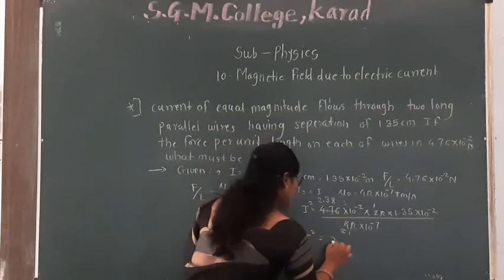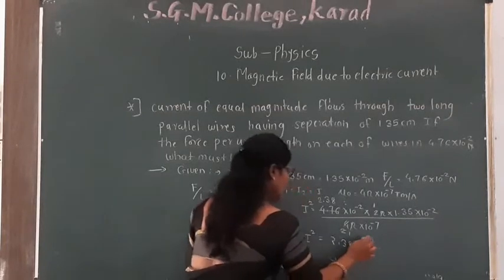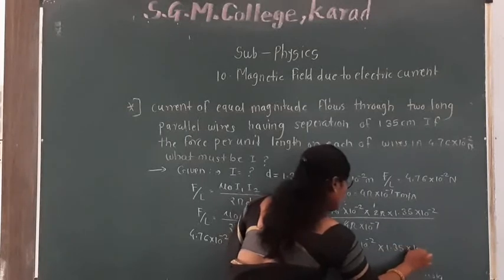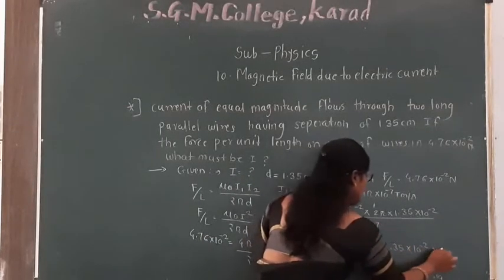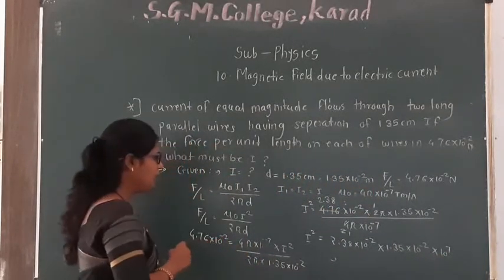therefore 2.38 into 10 raised to minus 2 into 1.35 into 10 raised to minus 2 into, here the minus term becomes plus.